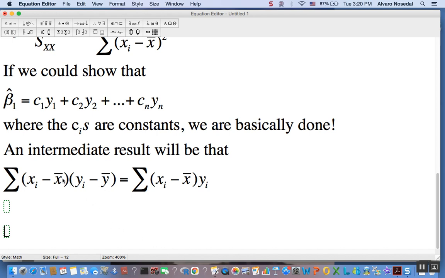We're going to start from the left hand side, and then we're going to end up with what we have here on the right hand side. Proof.